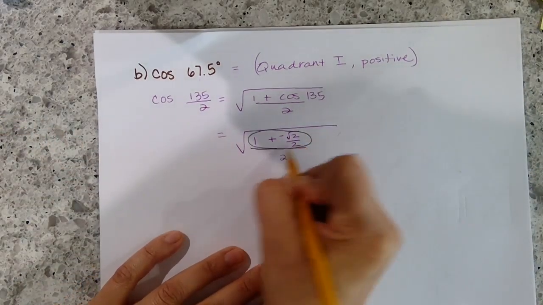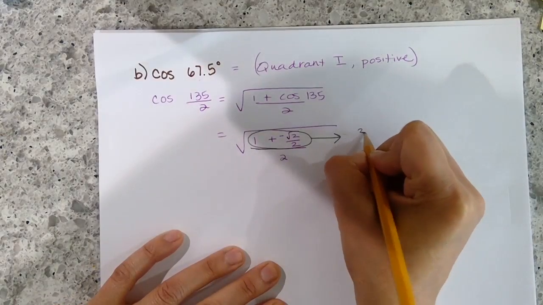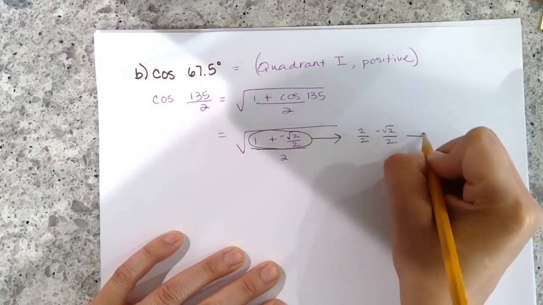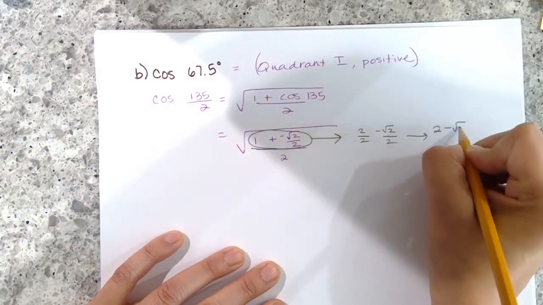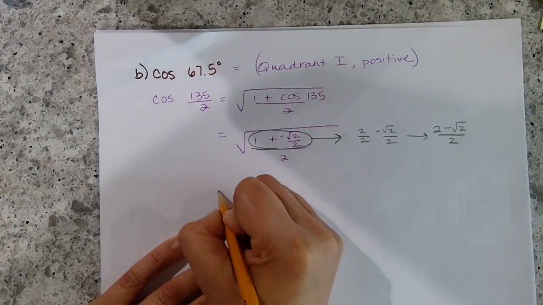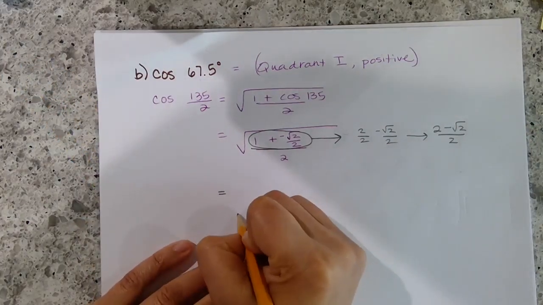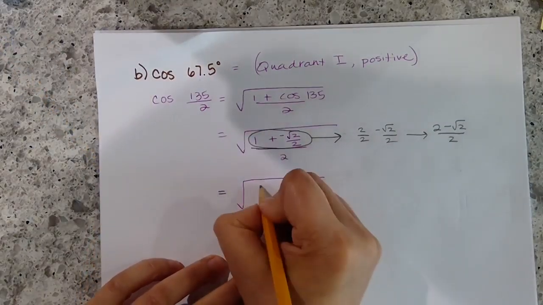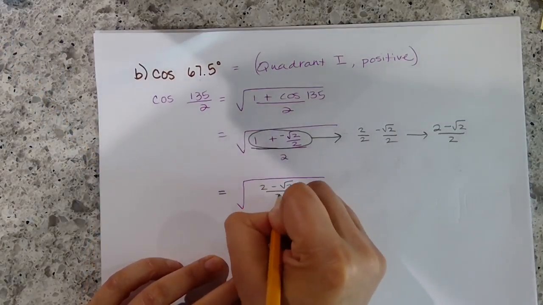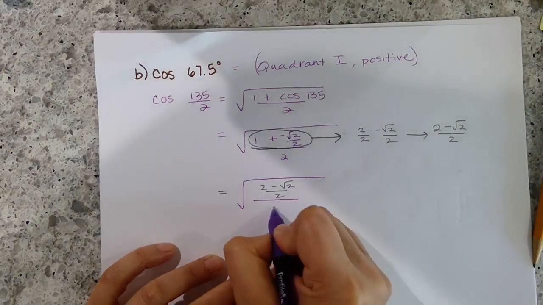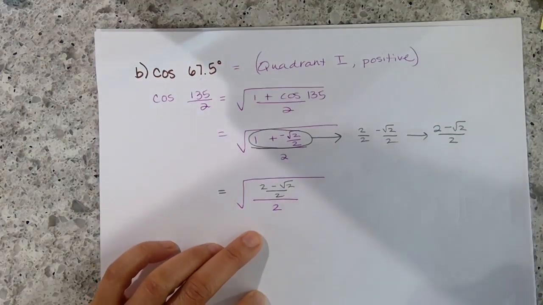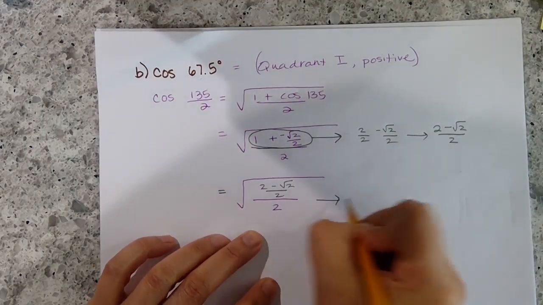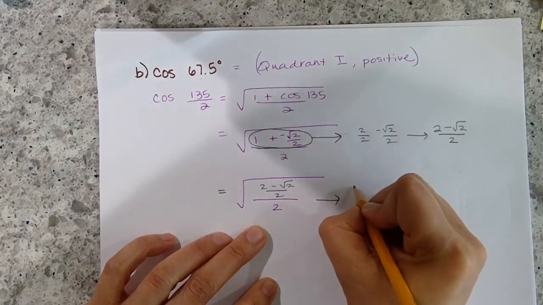Clean this up, so you have to get a common denominator. Okay, again, we can't do that, so we're going to go ahead and multiply by the reciprocal.